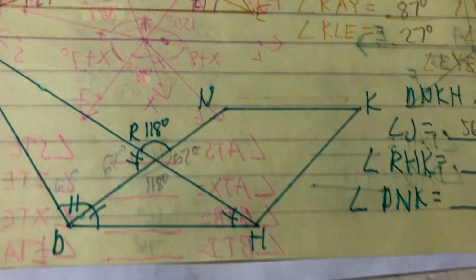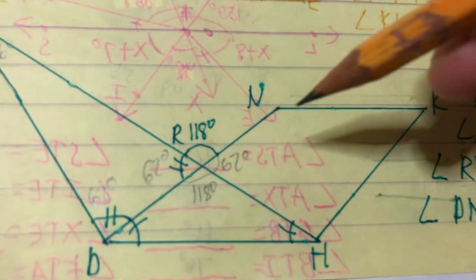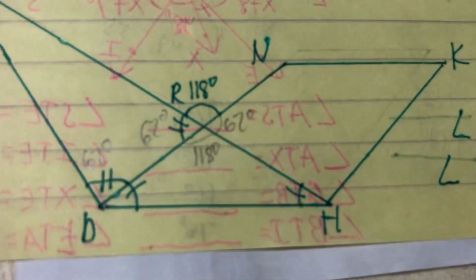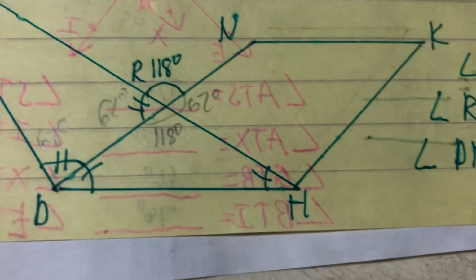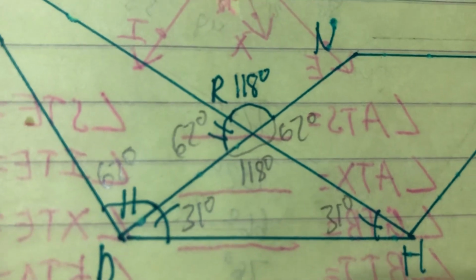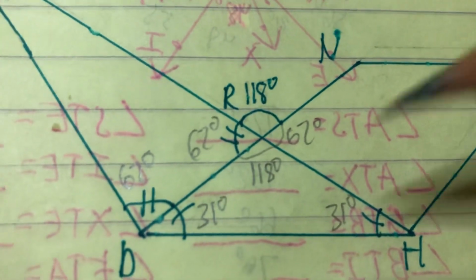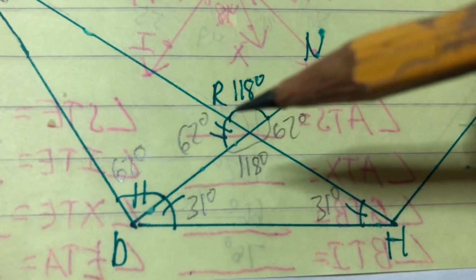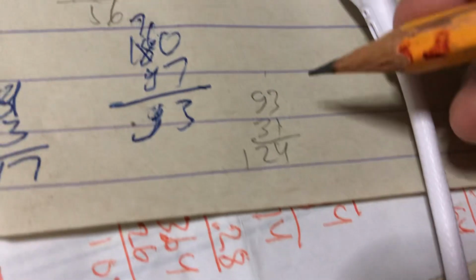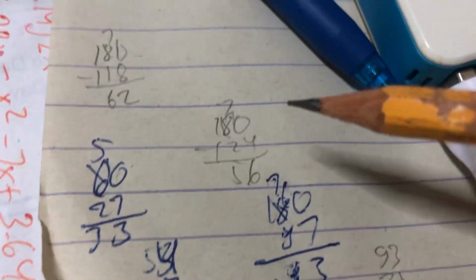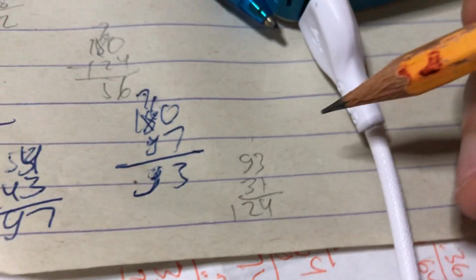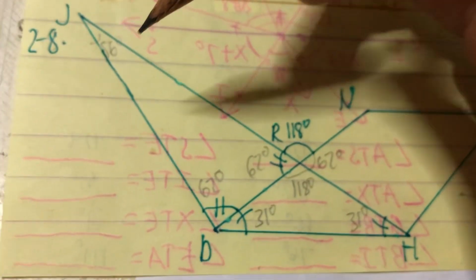We know that 180 minus 118 is 62, and 62 divided by 2, because there are two congruent angles, gives 31 degrees each. So 31 plus 62 equals 93, and 93 plus 31 equals 124. So we end up with 180 minus 124, which gives 56, for angle J.